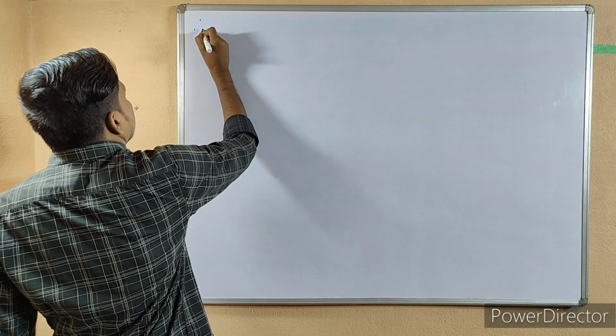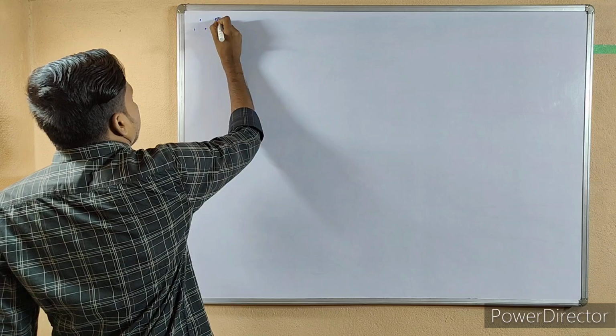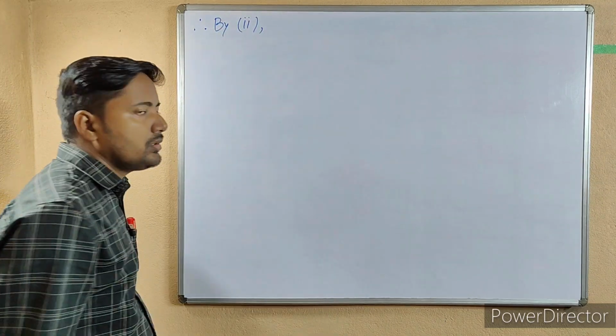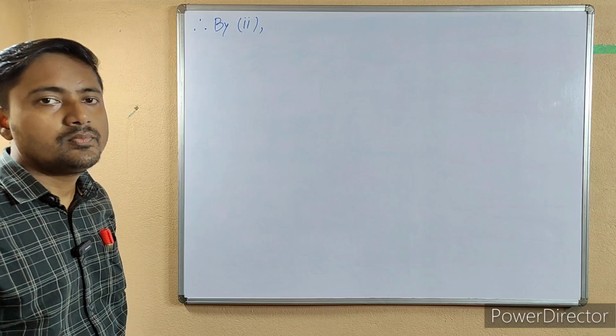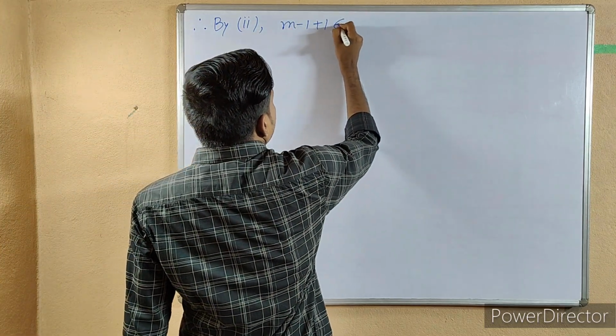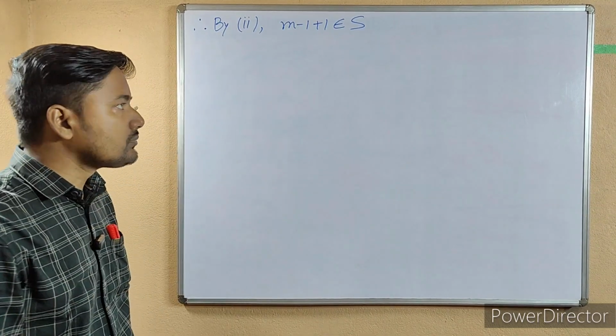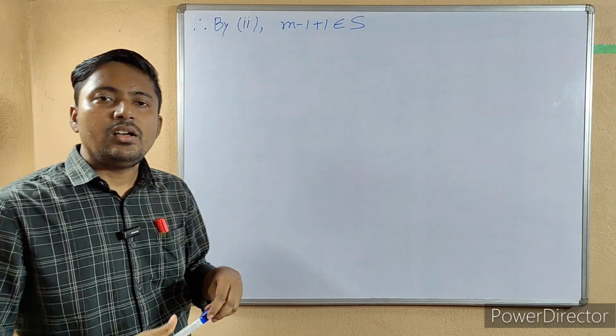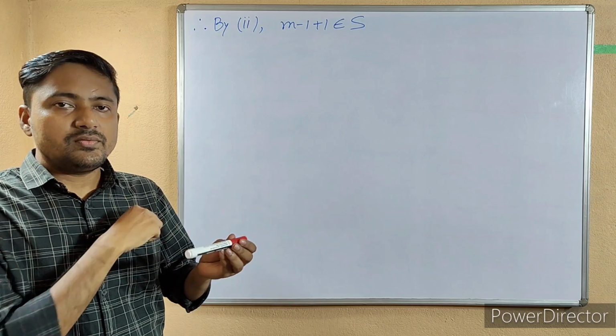Therefore, by the condition 2, m minus 1 plus 1 belongs to S. How do I get this? Recall the second given condition.